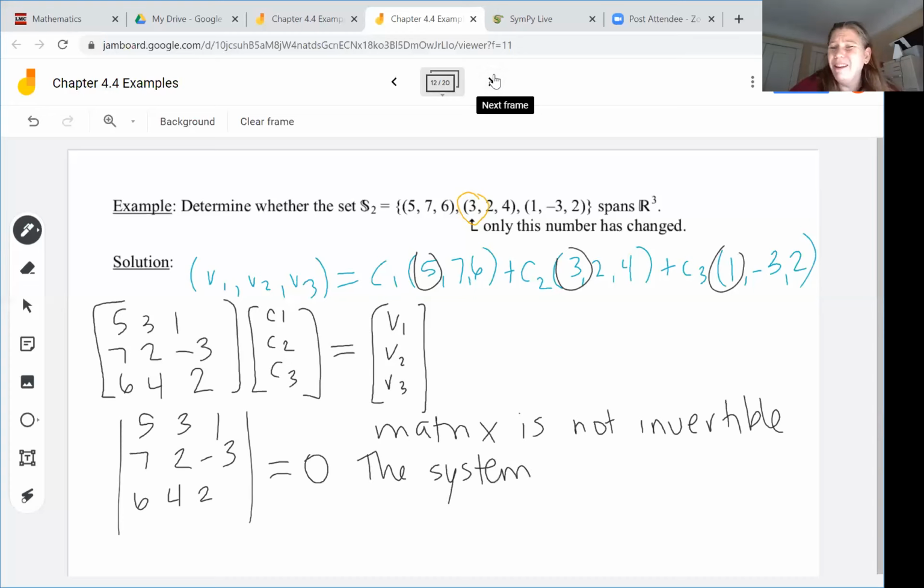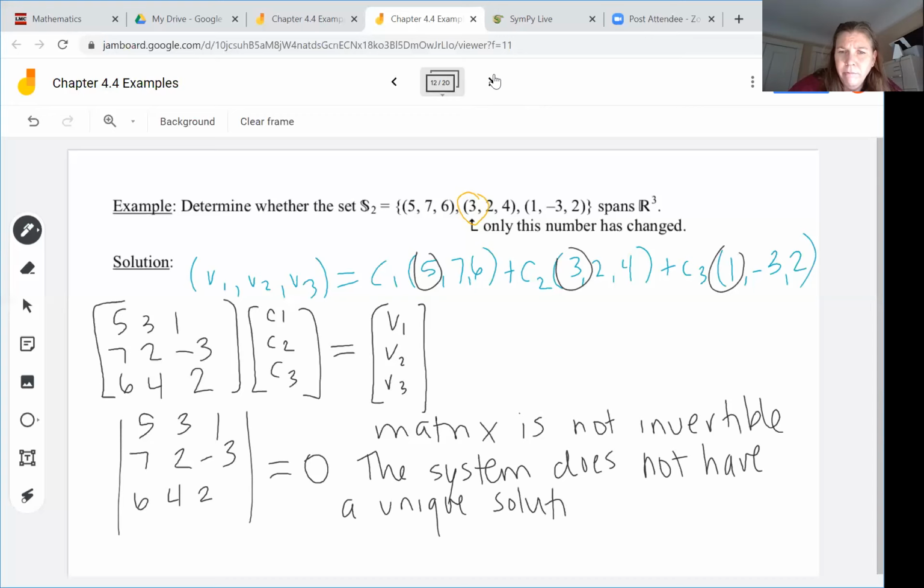And you can think about that because we can't invert the matrix to solve. And so S2 does not span R3.